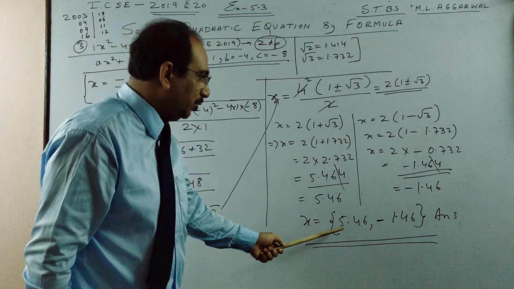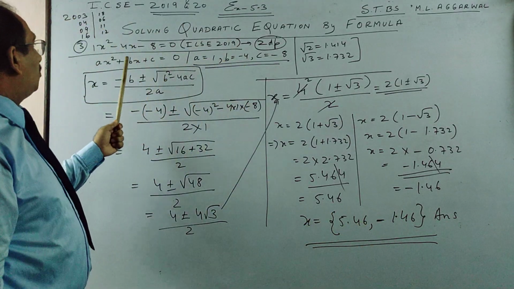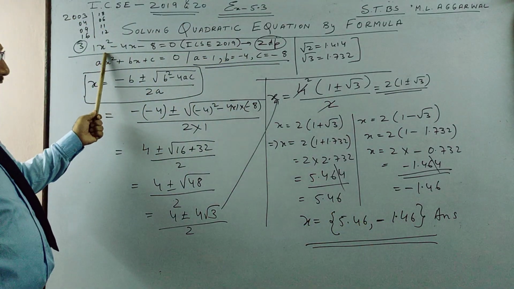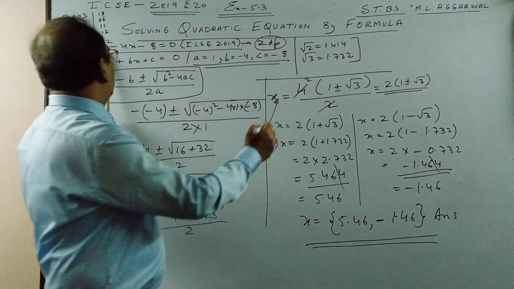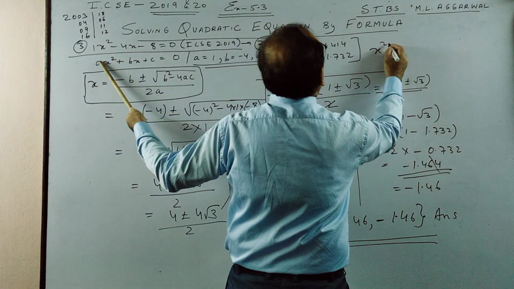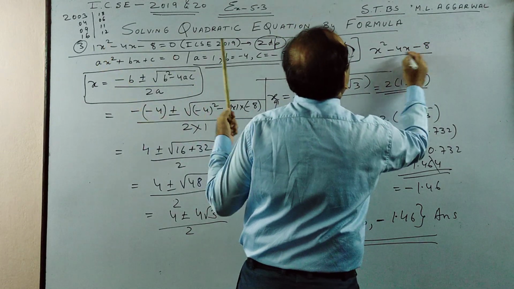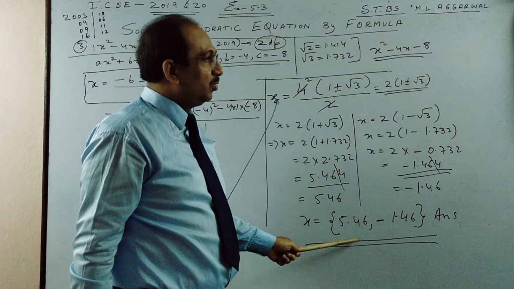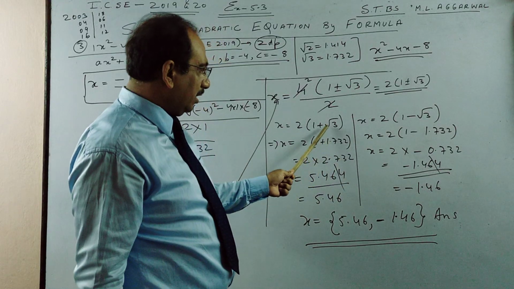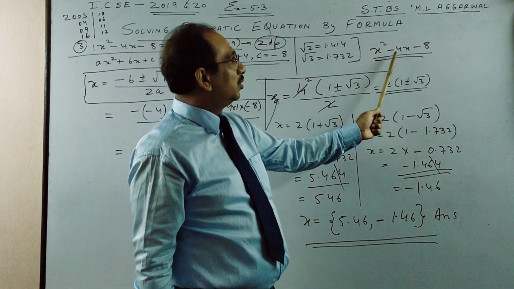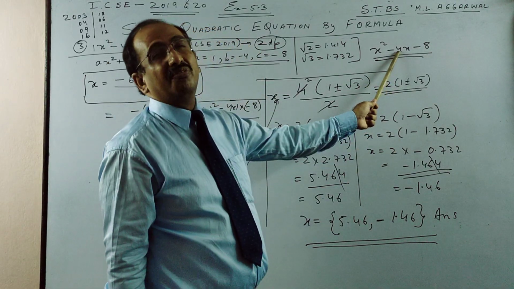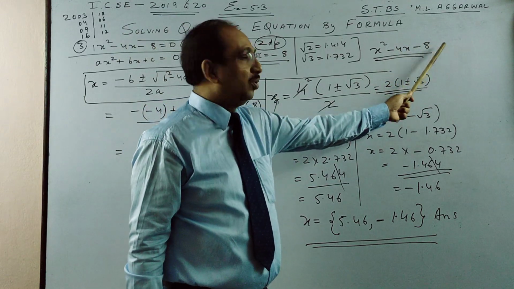And finally, when you put these 2 answers in place of x in the question, what we have, x square minus 4x minus 8. If you put these 2 values, because we have taken root 3 value approximate, both the values of x will roughly give you equal to 0.